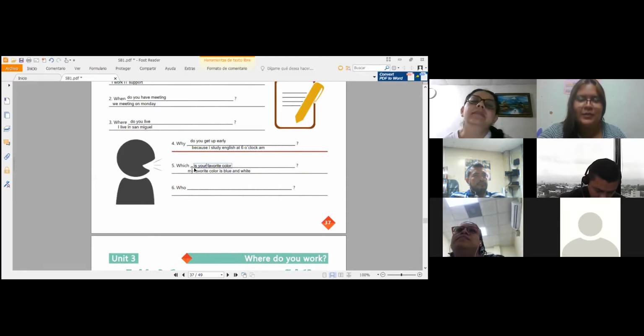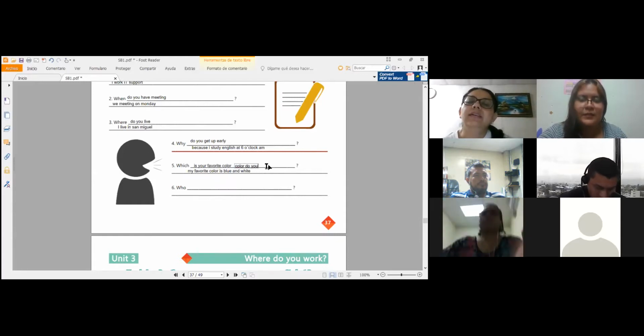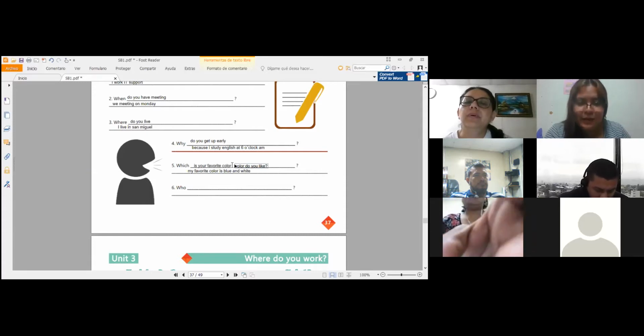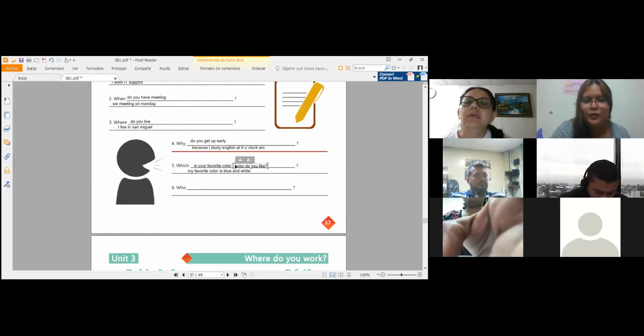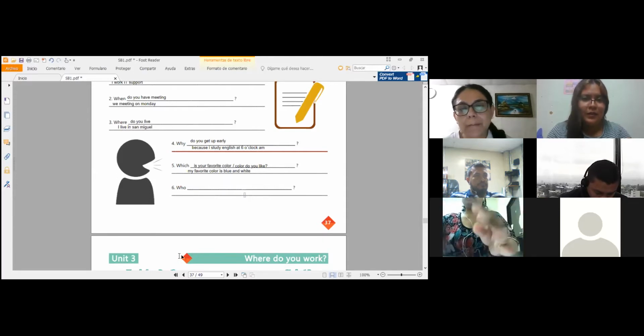That is another possibility. Which colors do you prefer? Ahí sí hay un verbo que es like. Both are okay. Which is your favorite color? Which colors do you like?